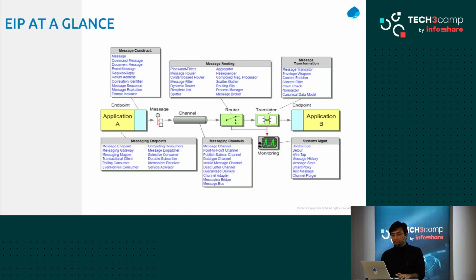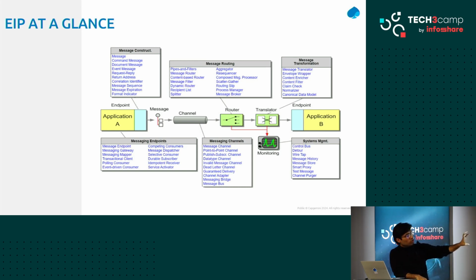And just a food for thought before I end the presentation. This is the overall map of enterprise integration patterns that we have at our disposal, starting from endpoint A to endpoint B. In between, depending on the business use case, you may want to use pub-sub, queues, topics, or it might be that application A is publishing data with the help of a database, and application B is consuming that data.